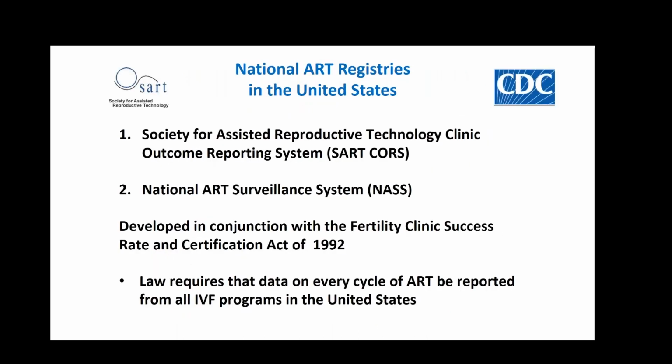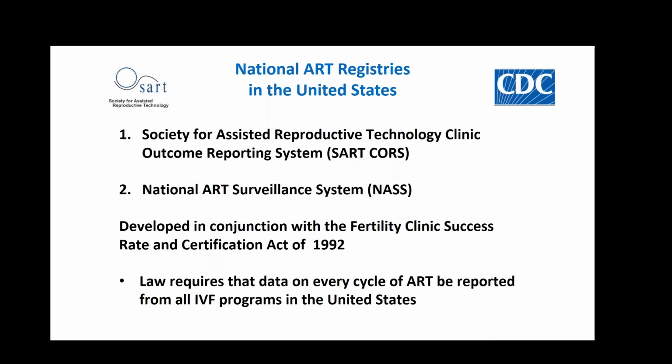At this point, I'd like to mention something about the data used for the U.S. analysis from the CDC. The data come from the National ART Database, which at the time of this study was collected jointly by the CDC and the Society for Assisted Reproductive Technology, or SART. Data are collected under a 1992 law, the Fertility Clinic Success Rate and Certification Act.